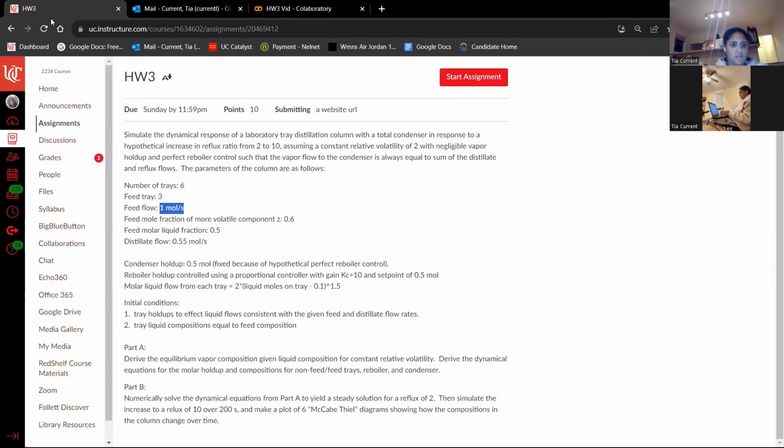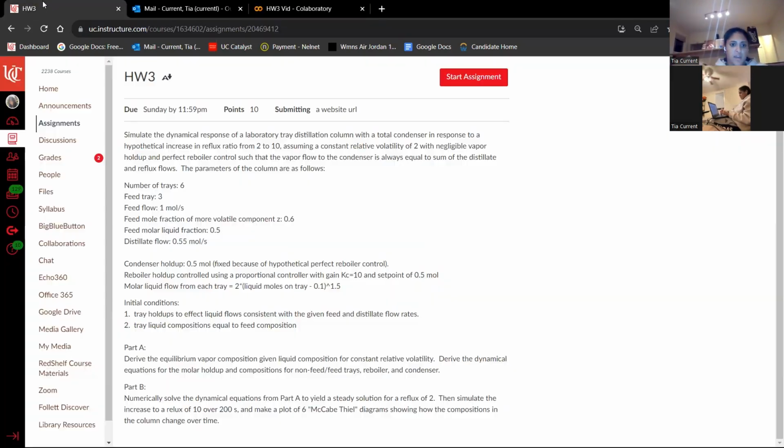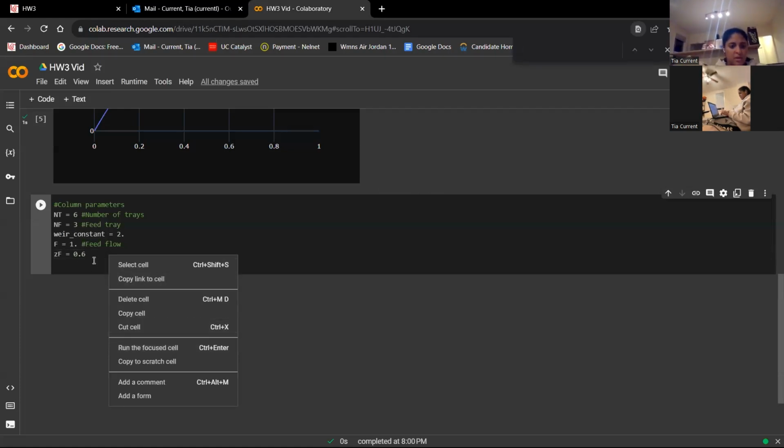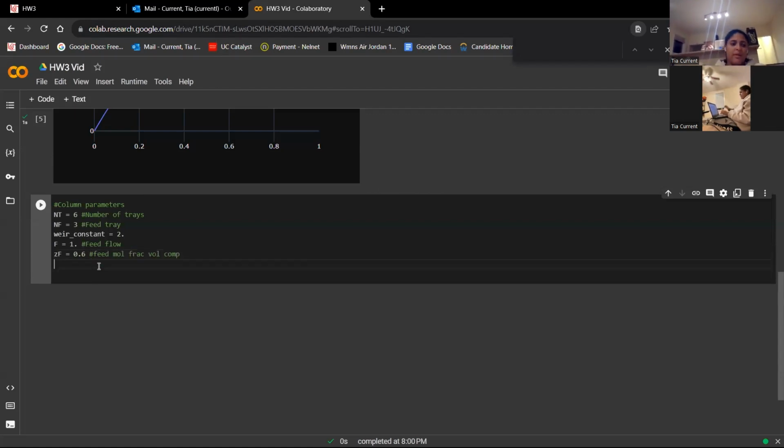And then the next thing I want to do is the zF, which is equal to 0.6. Okay. Hashtag feed mole fraction. Okay.